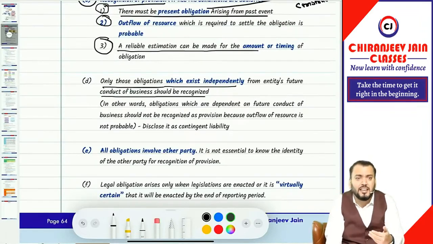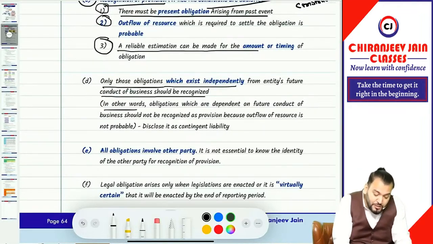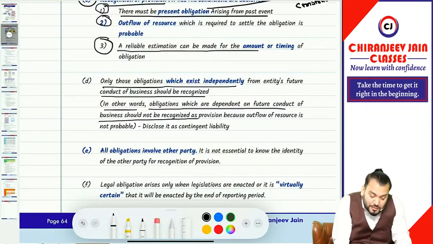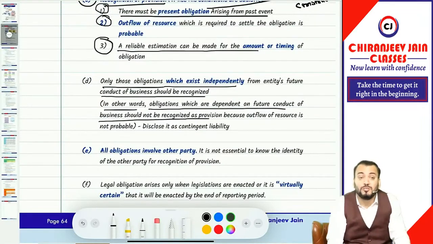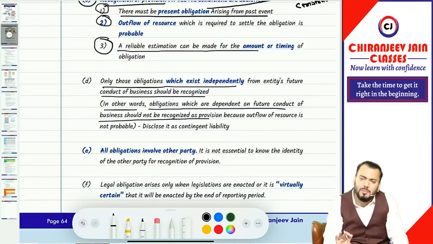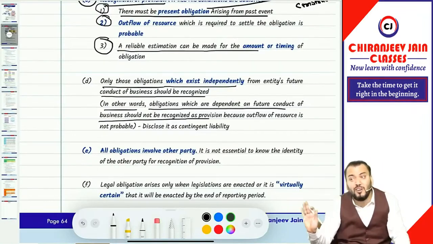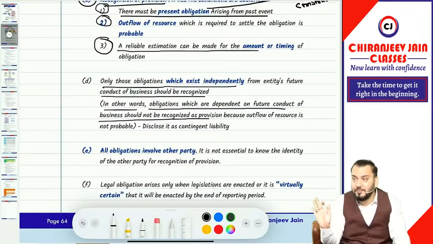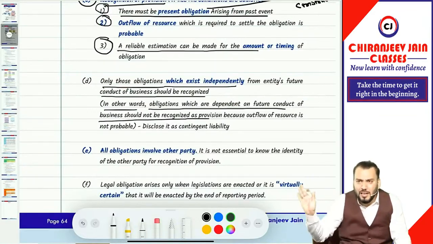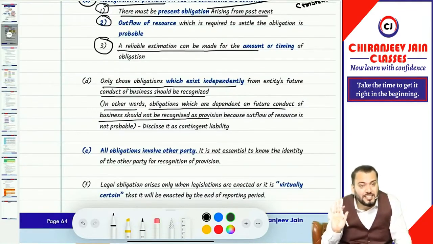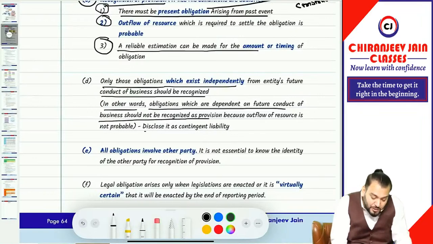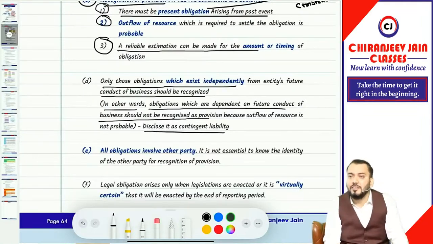Why? Because in that case outflow is not probable. In other words, obligations which are dependent on future conduct of business should not be recognized as provision because outflow of resources is not probable. However, it can be disclosed as a contingent liability, if all the conditions of contingent liability are satisfied. So it may be disclosed as a contingent liability.